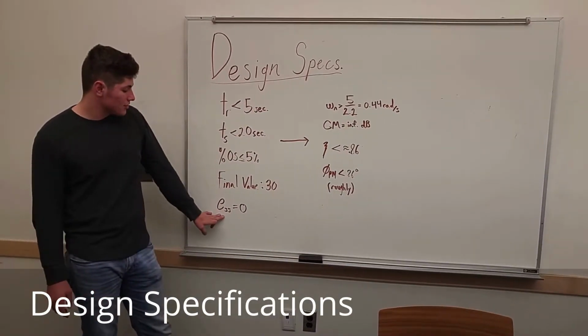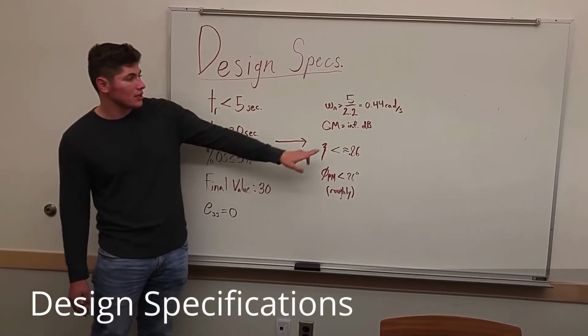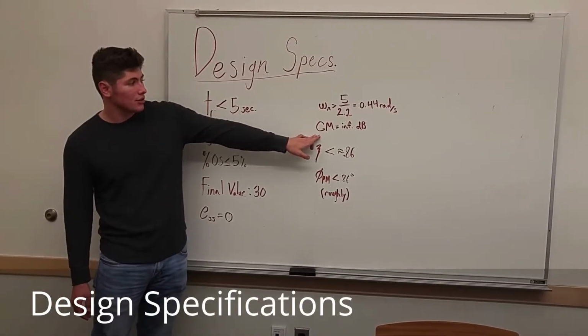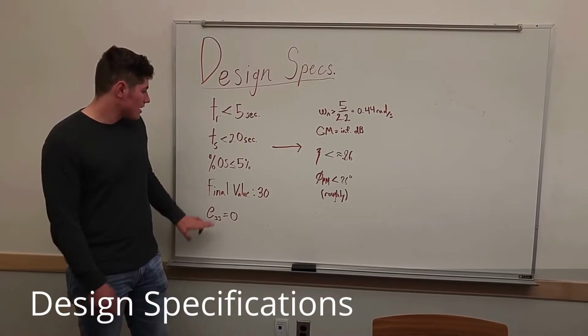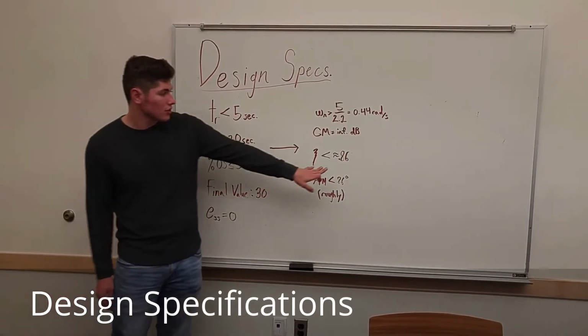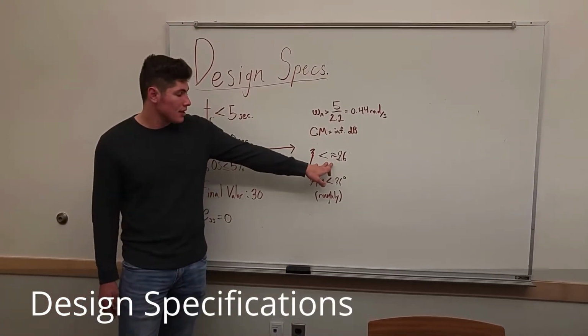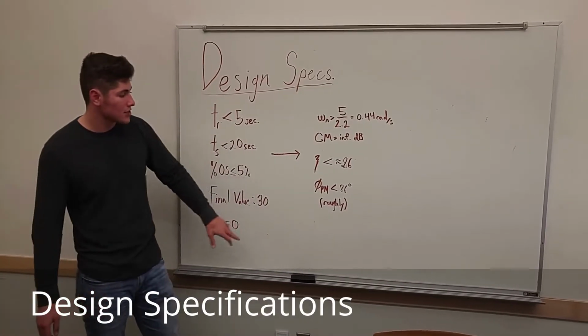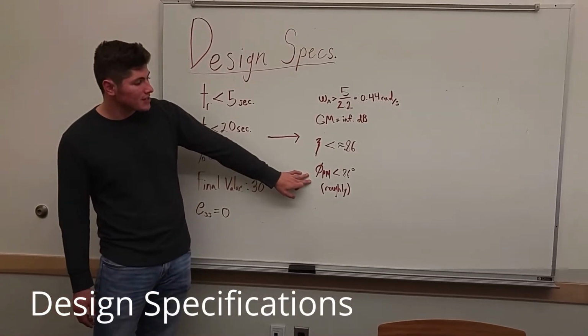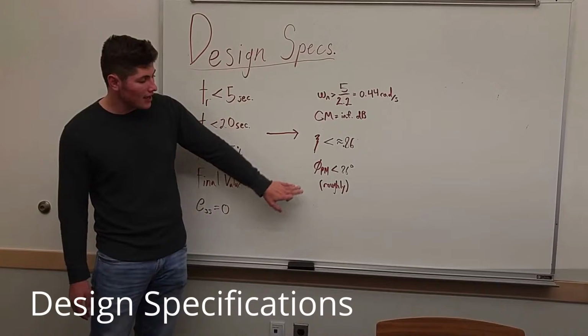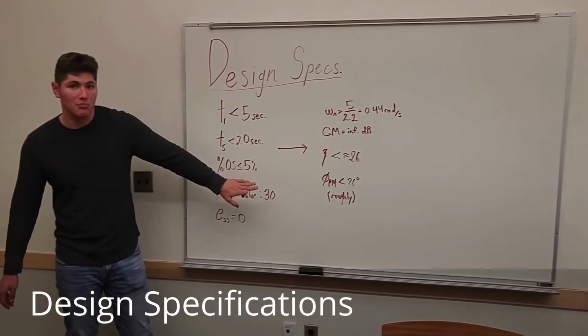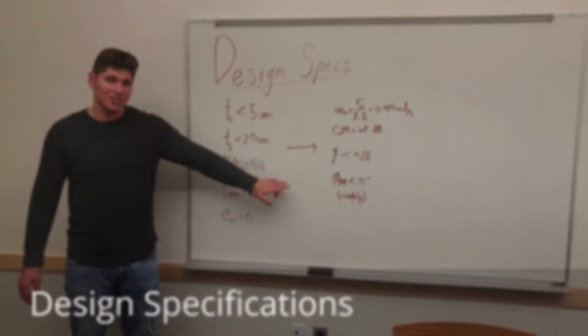With a 0 steady state error, we would need a gain margin that was infinite. And then our percent overshoot translates over into a zeta of around 0.86, which tells us that we need a phase margin of less than 86 degrees to make sure that we meet all of our design specifications.